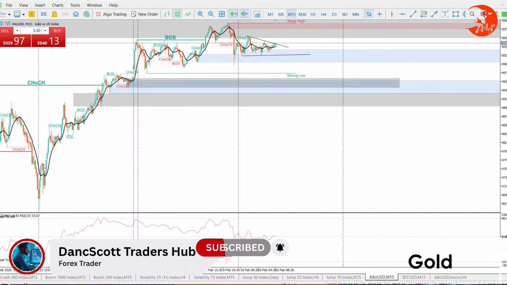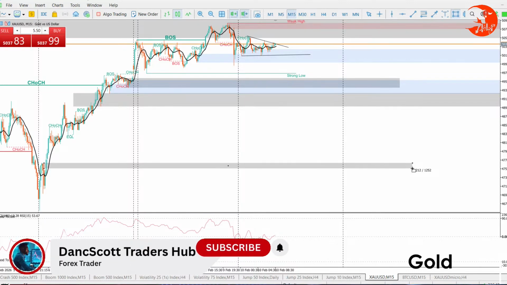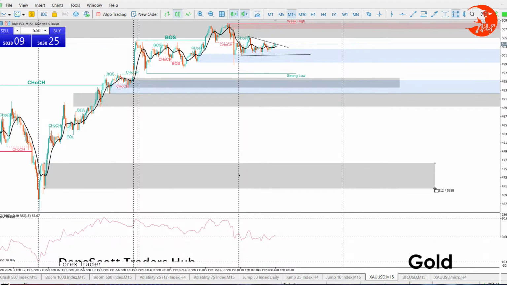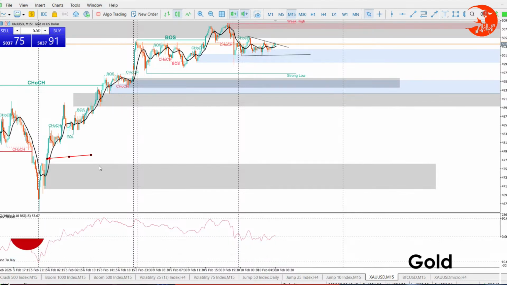This OB here. Okay, I see one here. This OB here that gave us this change of character was never mitigated. So maybe this, but it was. That candle there mitigated it. This candle here mitigated it. This candle here mitigated it.